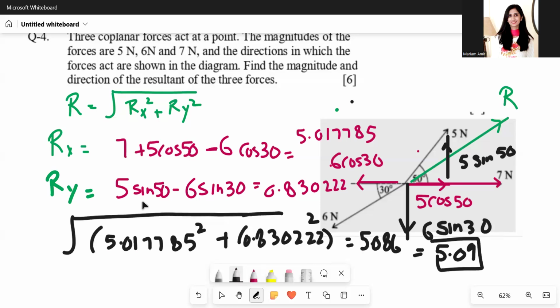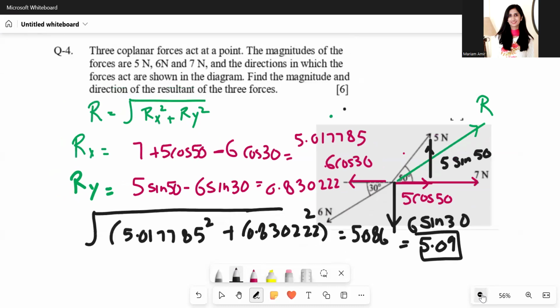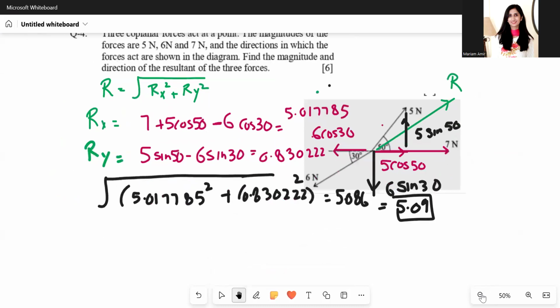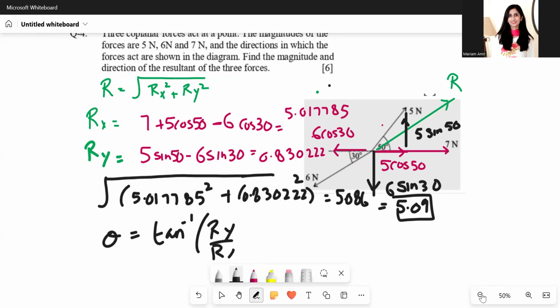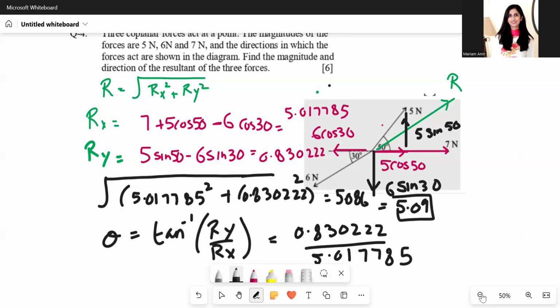For theta, it's going to be tan inverse of Ry over Rx. Ry is 0.830222 upon Rx, 5.017785, and we take tan inverse of this.